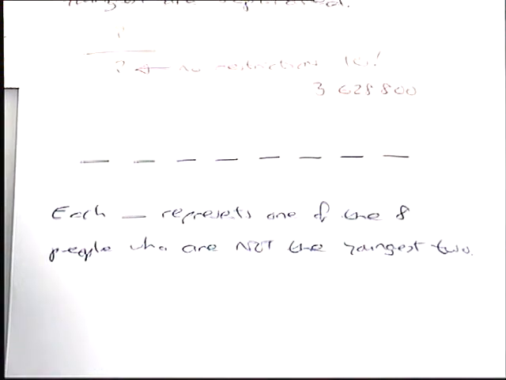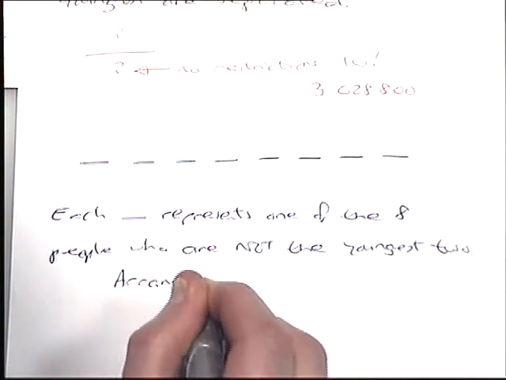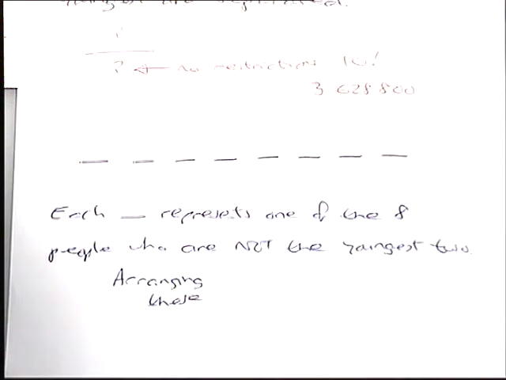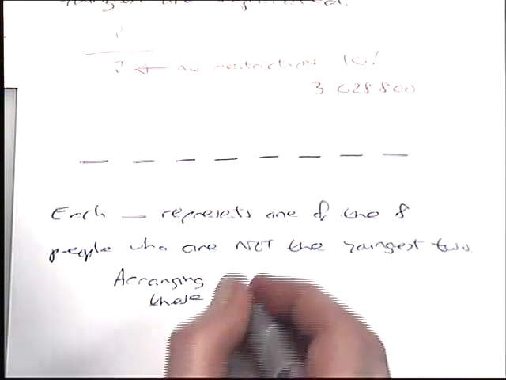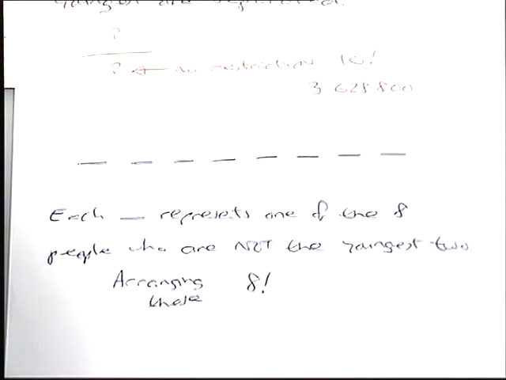How many ways are there of arranging the 8 dashes? 40,320. What some of you have done: 8 factorial. Yeah, there are 8 factorial ways of arranging those. I'm not going to bother working that out at the moment. We'll just keep it as 8 factorial.